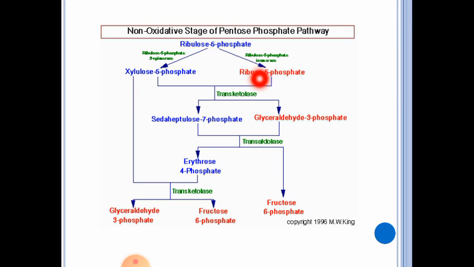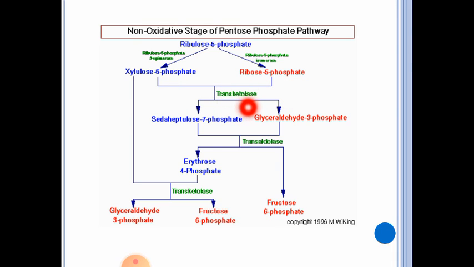And with the help of the enzyme ribulose 5-phosphate isomerase, it undergoes isomerization to form ribose 5-phosphate. With epimerization it forms xylulose 5-phosphate, and with isomerization it forms ribose 5-phosphate.